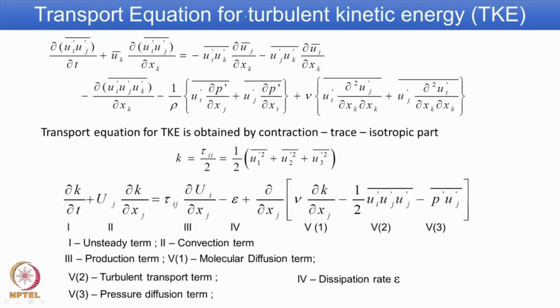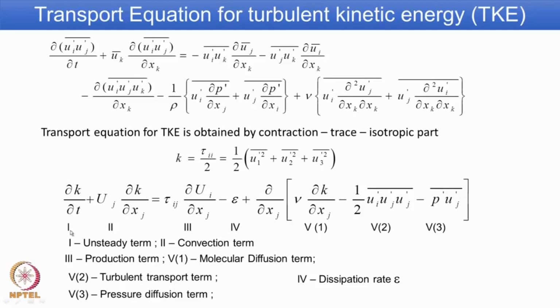Then on this equation, that is the transport equation for Reynolds stress, if you apply the trace procedure for each term, and then after following some steps, you get finally an equation for turbulent kinetic energy. So, in this equation k is a variable and you get the equation for turbulent kinetic energy.